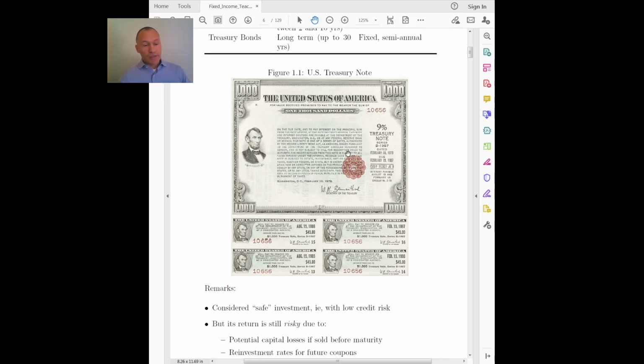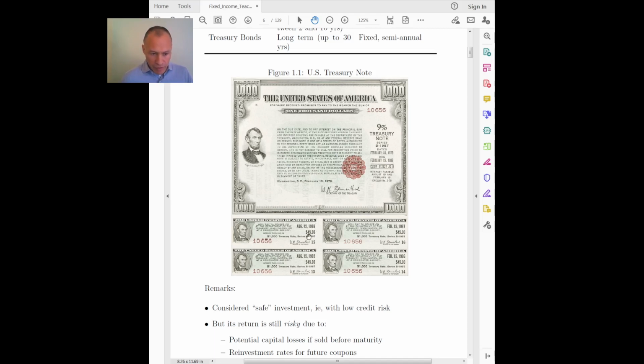And then, so this was this initial piece of paper, and then down here, you would have all these coupons, all these small pieces of paper, and every 6 months, you would detach one of these small coupons, and you go to the bank and you get your interest. And it says here when you need to go to the bank, what is the date of the coupon payment, and how much money you get on that date.